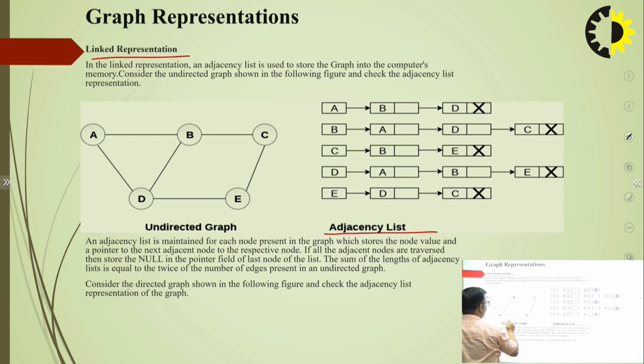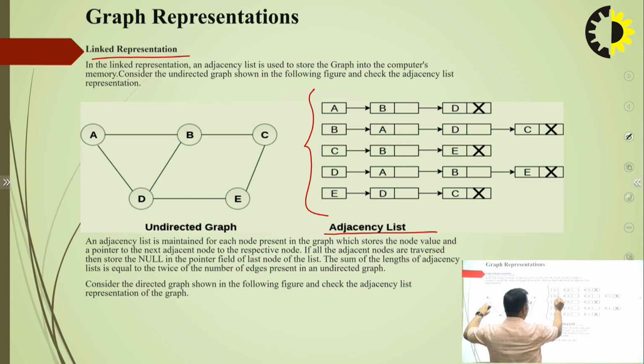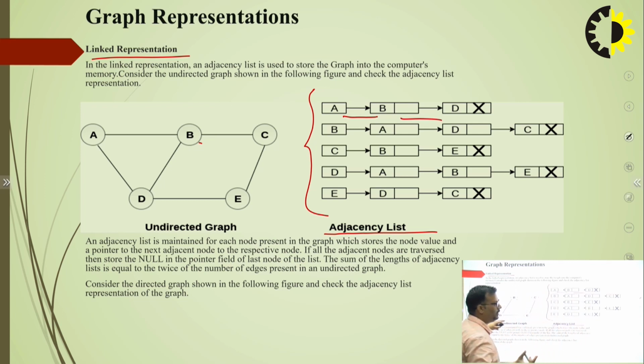Here we will also declare A, B, C, D, E. Then A to B is connected, and B is connected to what? To D. Then B to D is connected. But is D connected to anything further? No. See, A to B, then B to D, then after D there should be nothing.